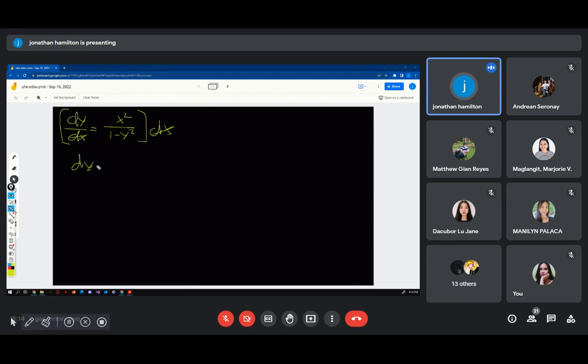That cancels out. We get dy is equal to x squared dx over 1 minus y squared. And now we group the like terms, so we put the dy with the y and the dx with the x. Since the 1 minus y squared is at the bottom, we can multiply both sides by 1 minus y squared.